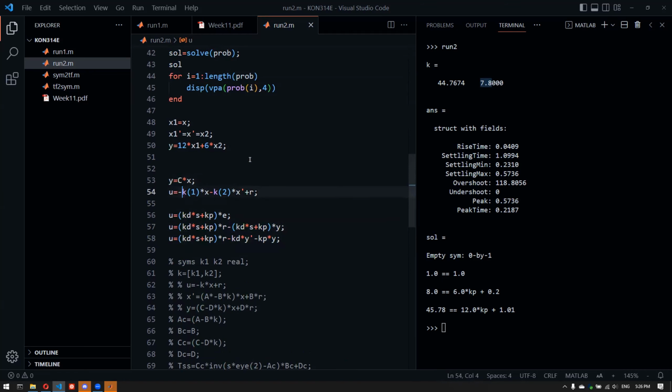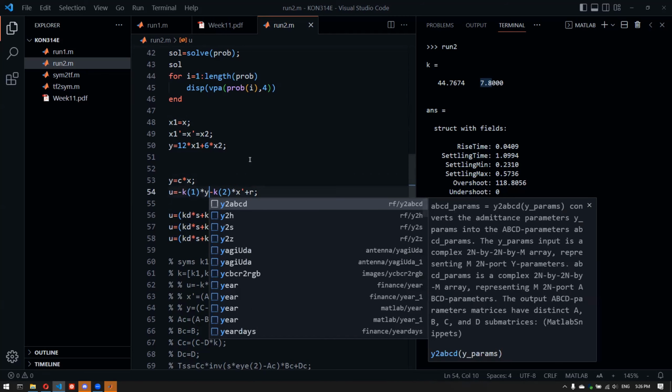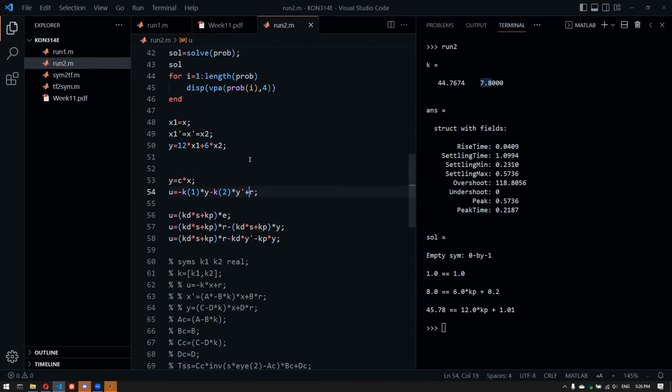Whereas if y is equal to cx, let's say cx1, or let's have just a coefficient c times x, then this should be scalar in the scalar sense. Then we would have something like y and then y derivative.